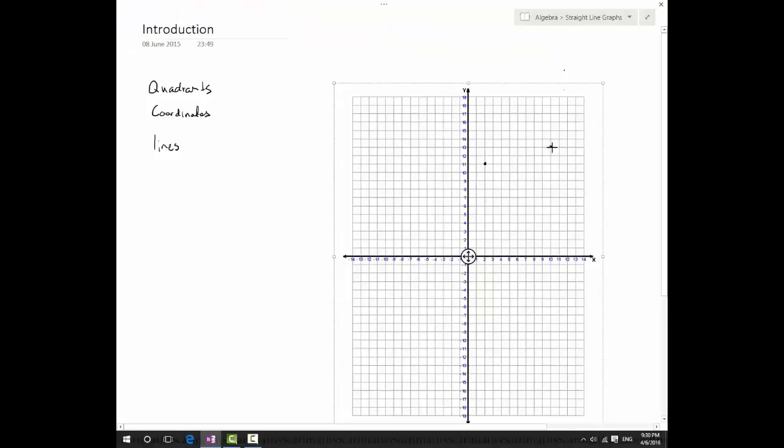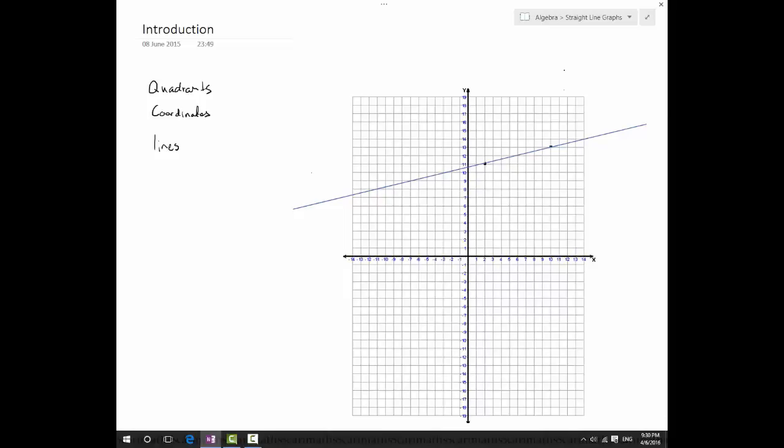We're going to go from this point here, and we're going to go through this point here. Let's go a little bit further on. So there we go. Now obviously a line doesn't stop, so we could carry this on, and it could go on forever and ever. So I'm going to draw it slightly off both of them. But you can see there's only one line that goes through both those points.